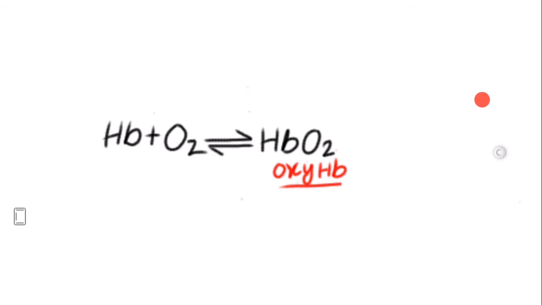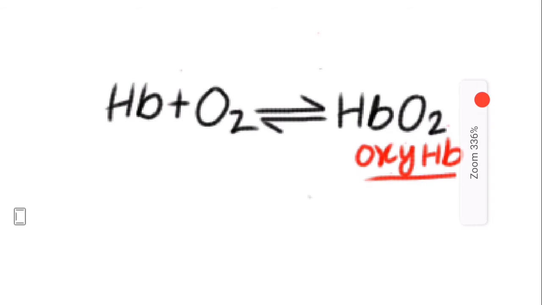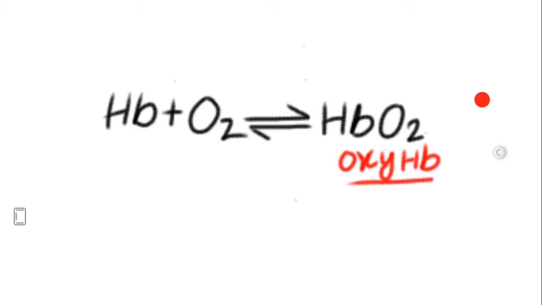Mammalian hemoglobin carries 4 molecules of oxygen, that is, each hemoglobin molecule will carry 4 molecules of oxygen, but it can vary in different species.